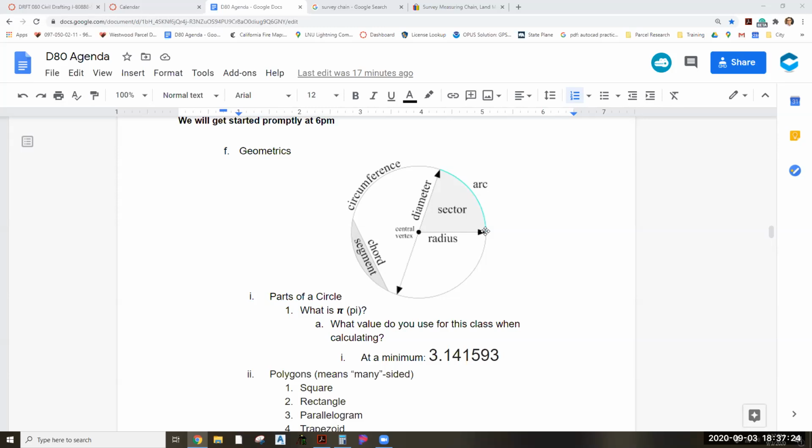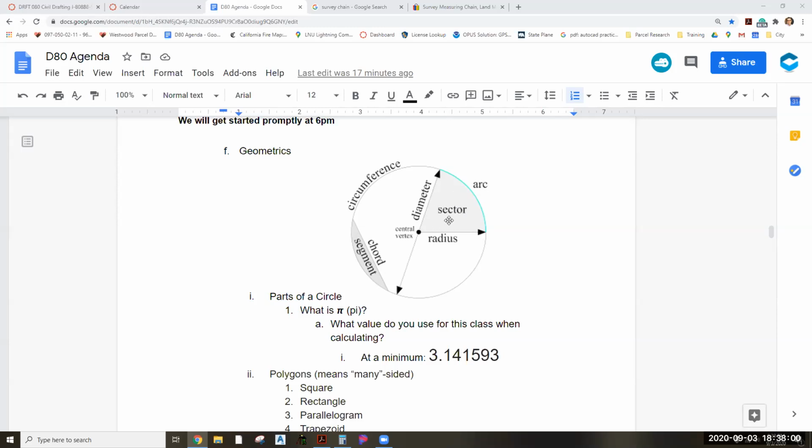And in CAD, you've been exposed to arcs, hopefully. So that's what that is. A sector is defined by 2 radii. A radius is from the center of the circle to the outer edge of the circle. Radius plural is radii. So a radius, or radii, connected by an arc is a sector.